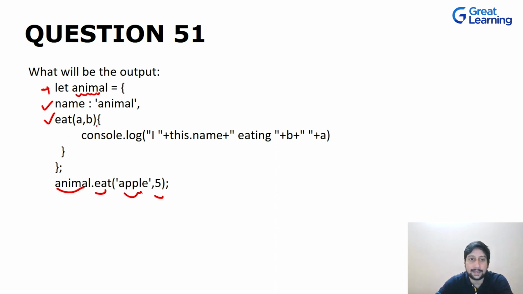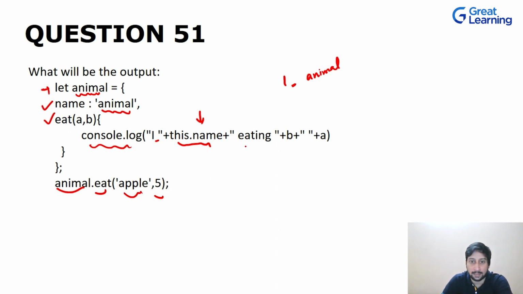Since we are calling this method eat directly, it will be called, and we will be printing here "I", then a space, and then this.name. This refers to the current object. Now the current object is animal, and we are accessing the name property, which is again animal. So we will be getting "I animal".